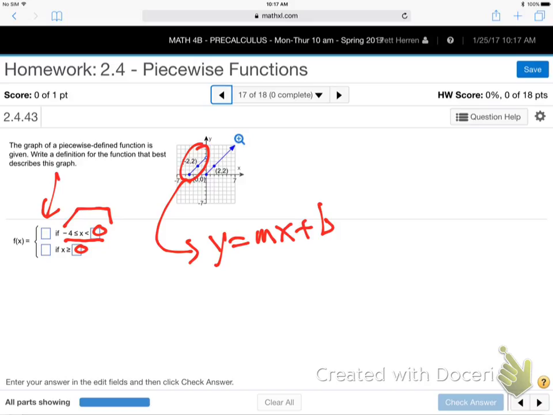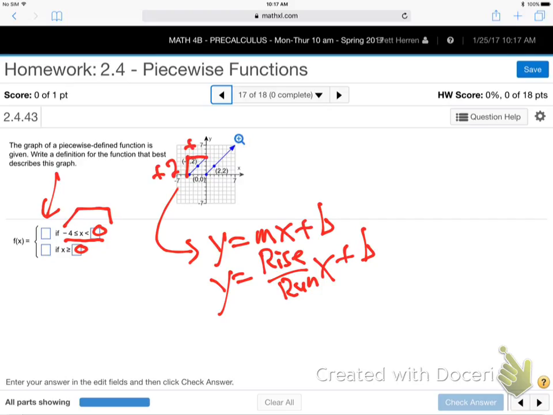Can you tell the m by looking at it? Can you tell what the slope is? Remember, slope is rise over run. That's what m is. It goes up 2, doesn't it? And over 2, I think.